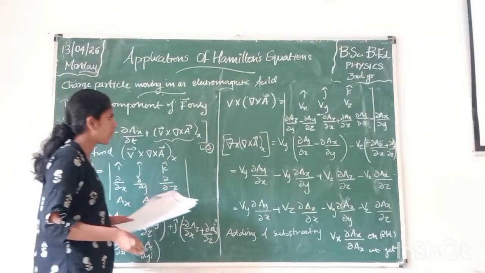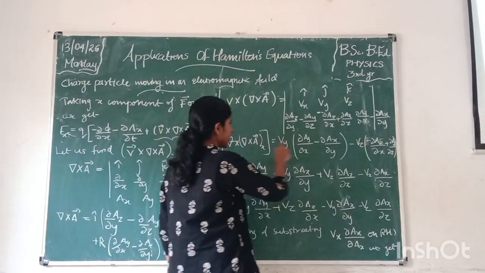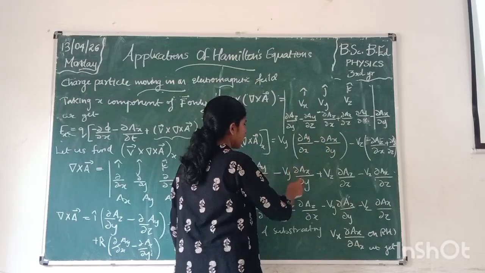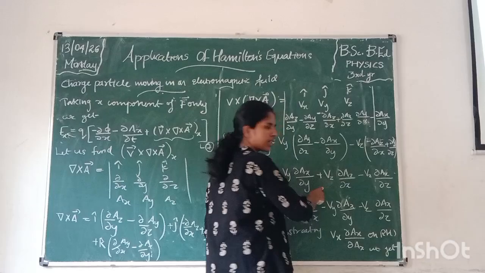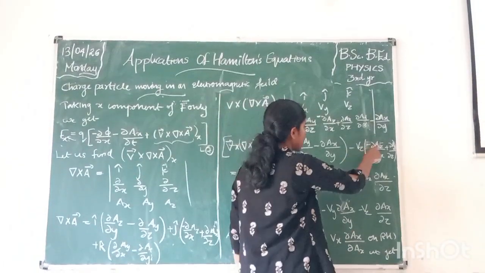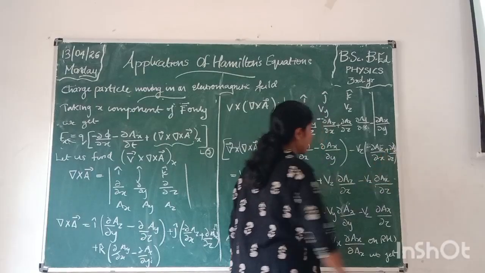In the next part we take this dy inside: dy ∂a_y/∂x minus dy ∂a_x/∂y, and then multiplying this we get dz ∂a_z/∂x minus dz ∂a_x/∂z.